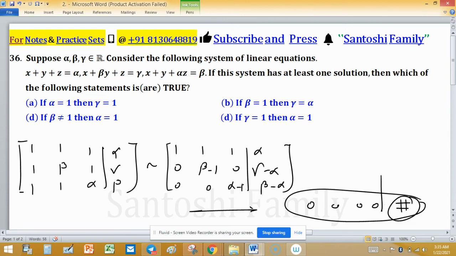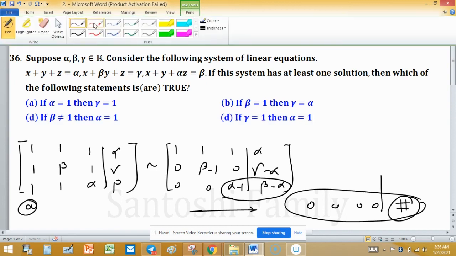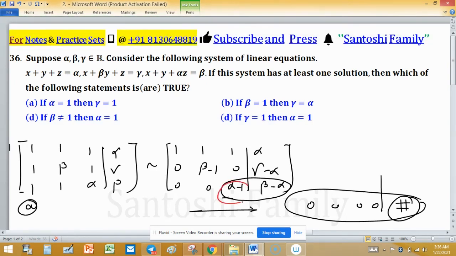So if anyhow we get a row of 0 0 0 equal to a non-zero number, then the system has no solution. For a solution, if options are not given to us, then either the last two entries are both 0, or alpha minus 1 is a non-zero value and beta minus alpha may be any. Now come to option A: if alpha equal to 1, then the last entry in the coefficient matrix will be 0.